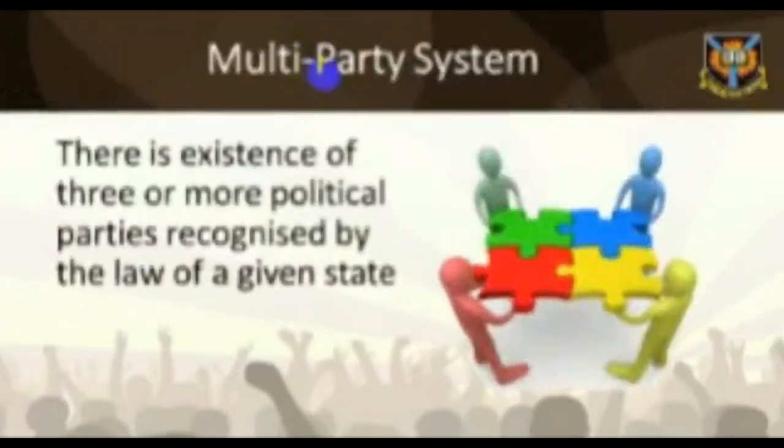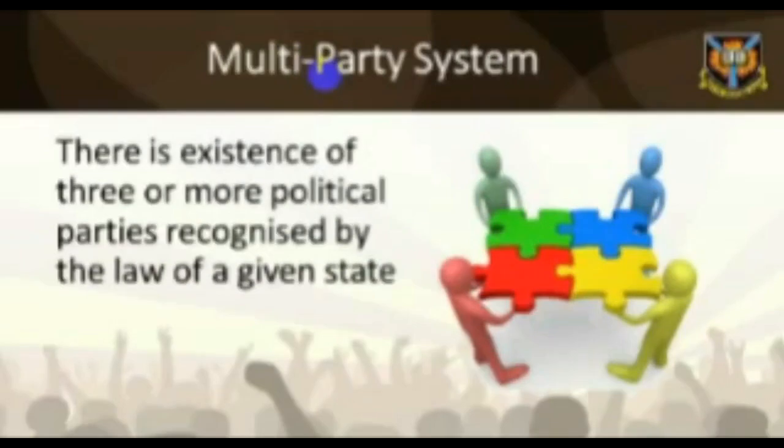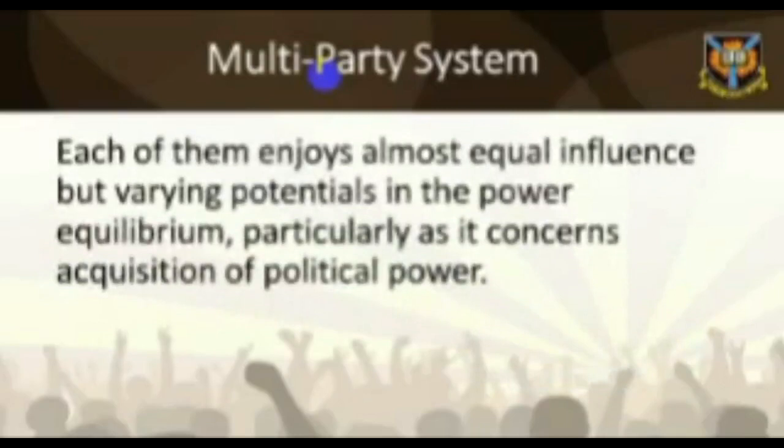Multi-party system. In a multi-party system, there is existence of 3 or more political parties recognized by the law of a given state. In a political system, that is, country where multi-party system is adopted, there are 3 or more political parties, and each of them enjoys almost equal influence, but varying potentials in the power equilibrium, particularly as it concerns acquisition of political power.